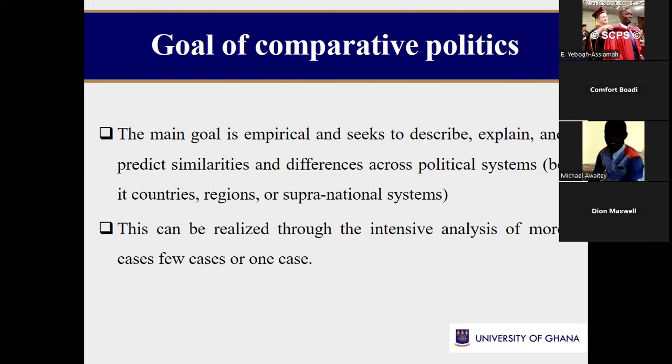Now, the main goal of comparative politics is empirical. We try to examine what is. We seek to describe phenomena and also to explain what accounts for the phenomena or the dynamics, and then to be able to predict similarities and differences across political systems.